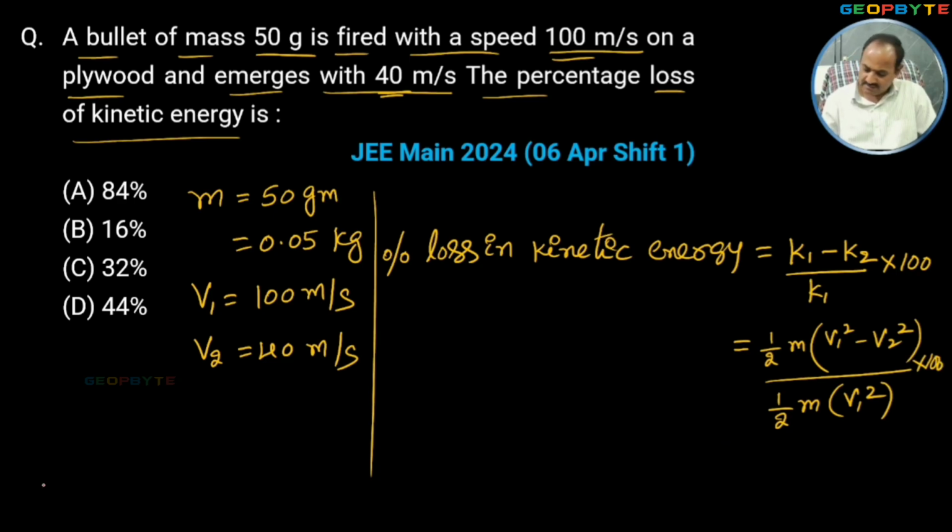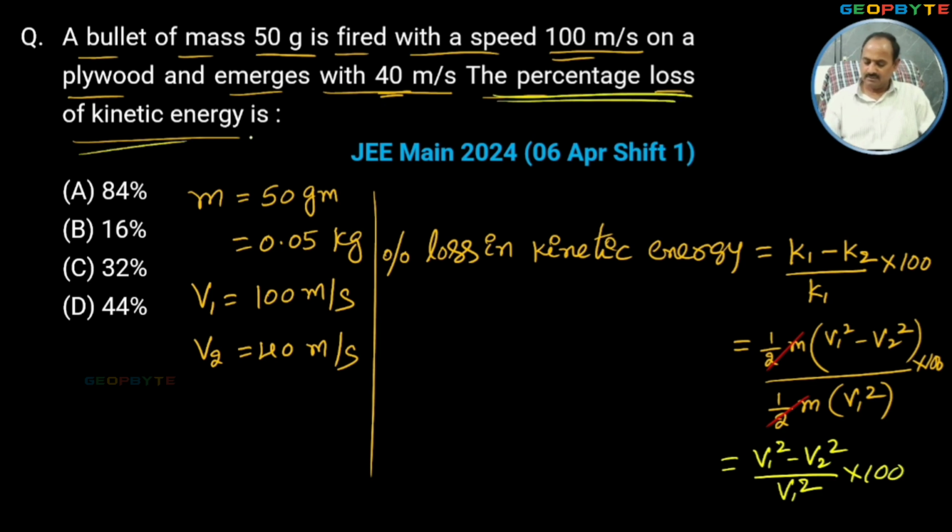Half m part is cancelling. So finally it is v1 square minus v2 square divided by v1 square into 100, because it is asking the percentage loss in kinetic energy. Okay, let us take another slide.